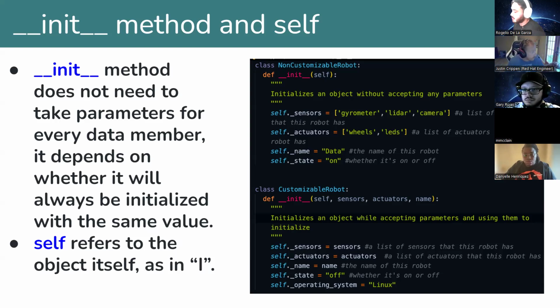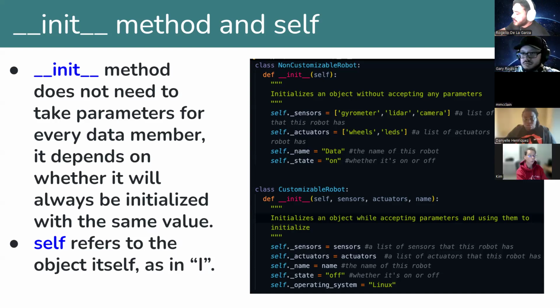The non-customizable robot doesn't have anything, all it has is self, right? Within the actual code block, we have sensors, actuators, name, and state. It has attributes, but we define them directly within the code block itself. It's not taking anything from the init method, which is completely empty.